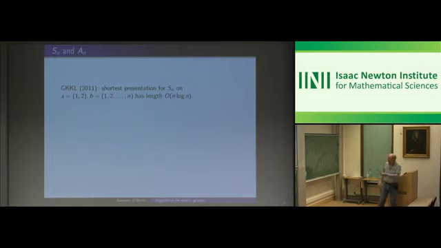The optimal result for S_n, I'll state in a moment, but let me just mention this very nice statement coming from GKKL, which says to you that if you want to choose as your generators for S_n the 2 generators which we know and love, namely a 2-cycle and an n-cycle, then the shortest presentation has length n log n.